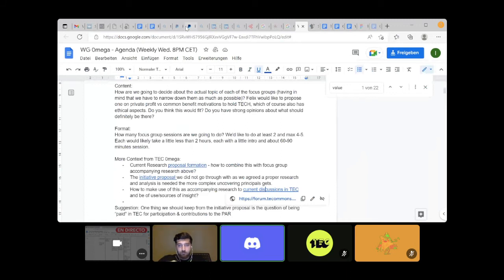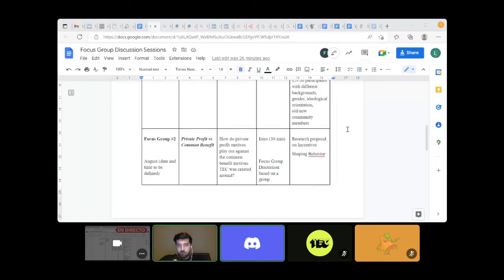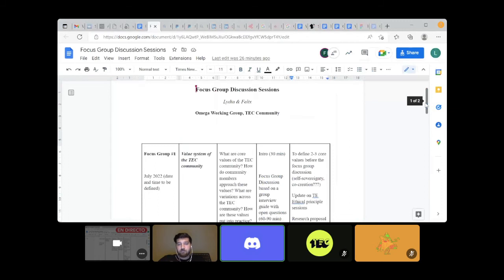We can lose each other, and two hours is not enough time. So I was thinking it's good to define really two or three core values and then focus on them. I would like to do this before the start of the focus group, to have enough time for the discussion. So my question is how can we identify these two or three values we can focus on?